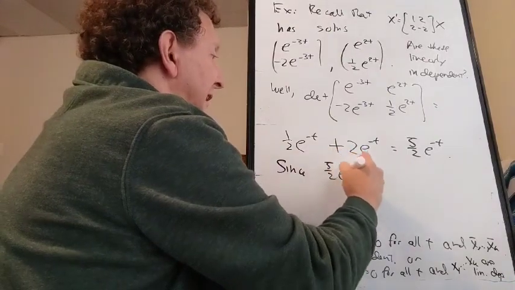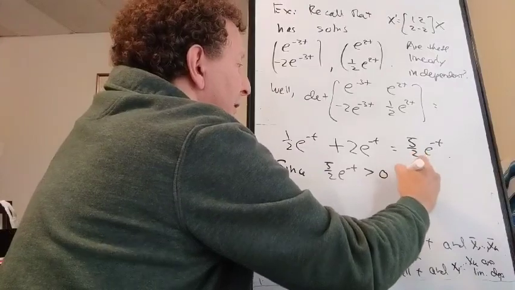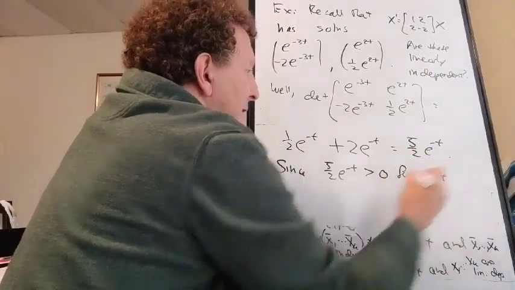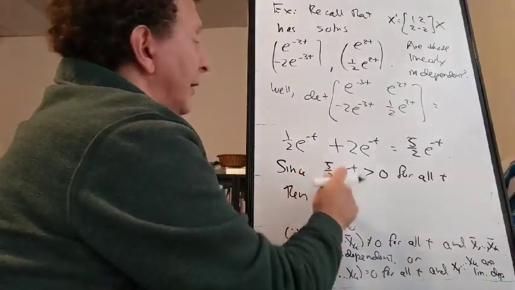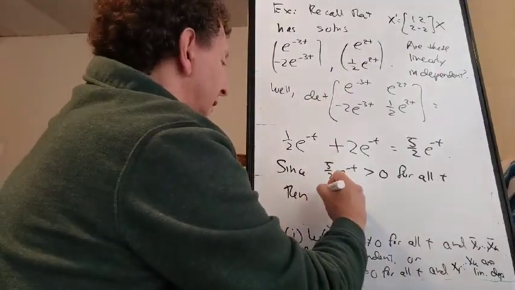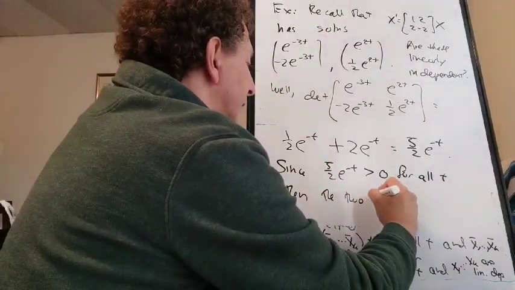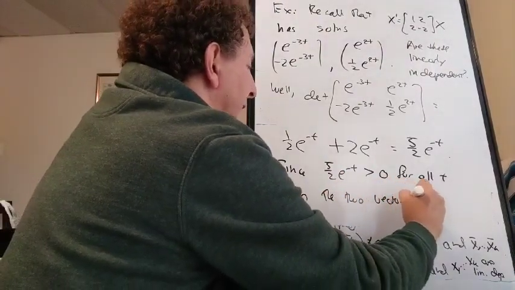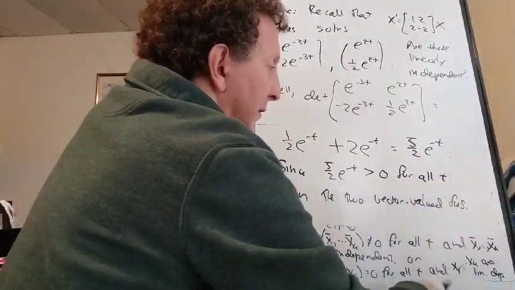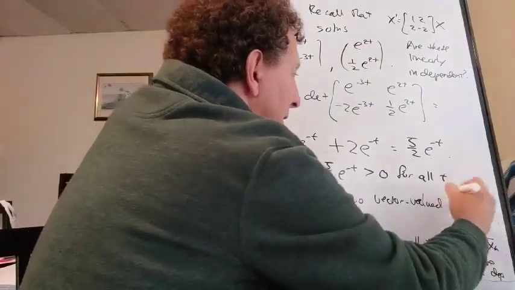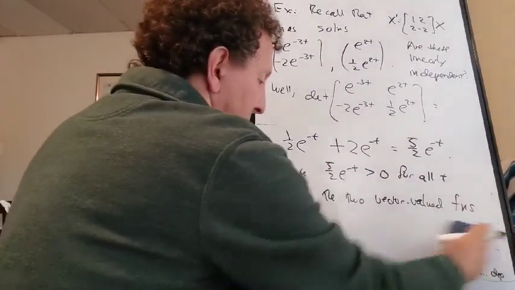Since 5/2 e to the negative t is greater than 0 for all t, this is non-zero. The two vector valued functions are linearly independent.